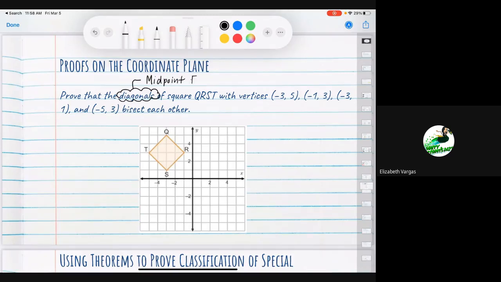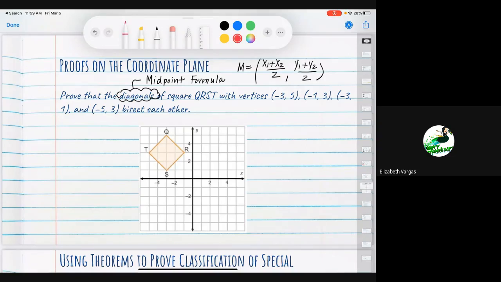This is something we've already worked with, so it's nothing new. The midpoint formula is: the midpoint is equal to (x1 plus x2 divided by 2, y1 plus y2 divided by 2). Right? And then you find the midpoint.